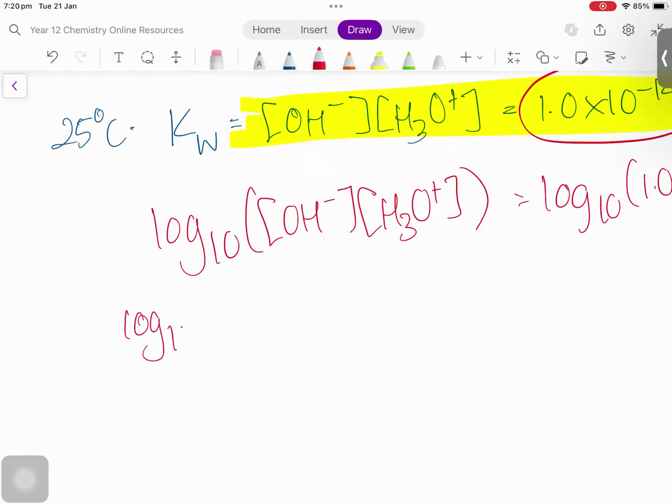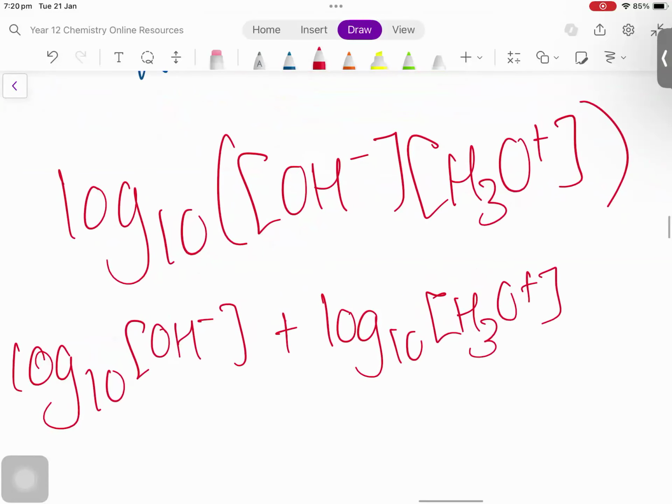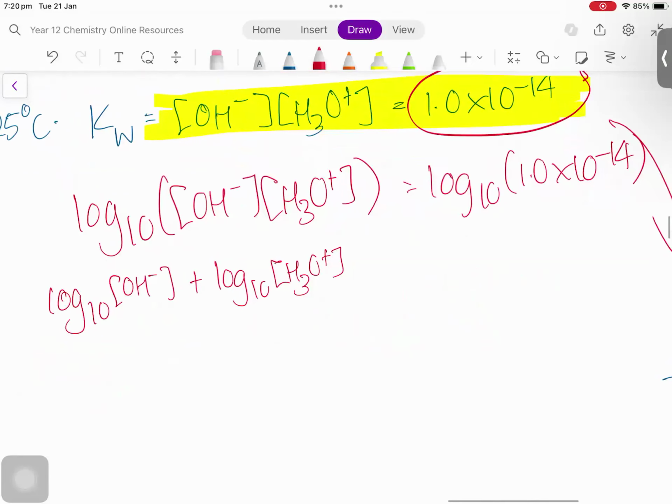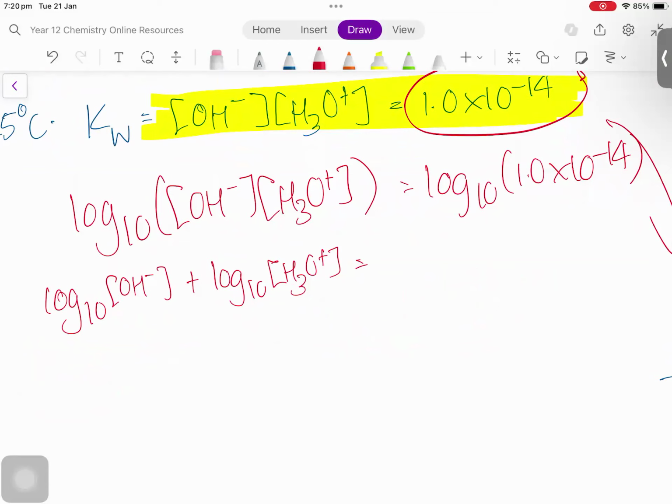This is log base 10 OH minus plus log base 10 H3O plus. If anyone's confused, this part is just maths, no chemistry involved. And on the right-hand side, if you pop it into the calculator, you get -14.